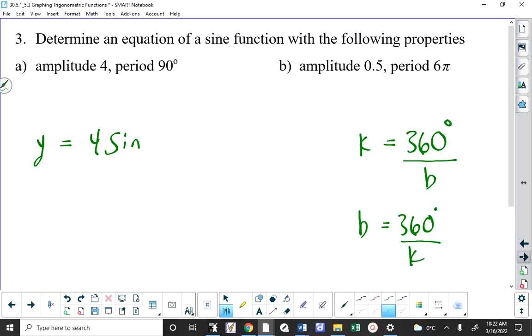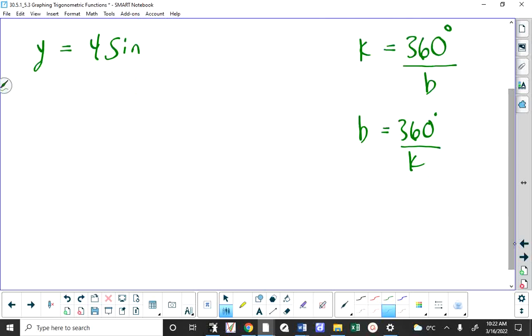So b is 4. Take 360 divided by 90, you get 4. This period is 90 degrees. So the value of b is 360 over 90, which is 4.